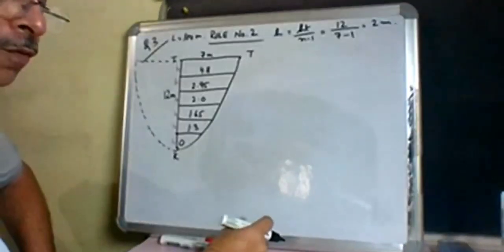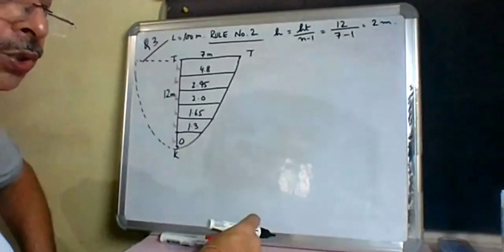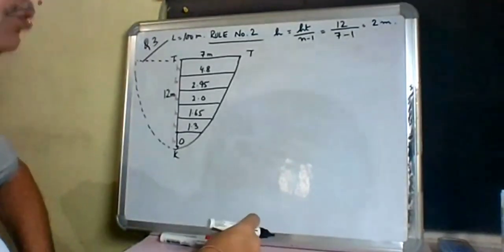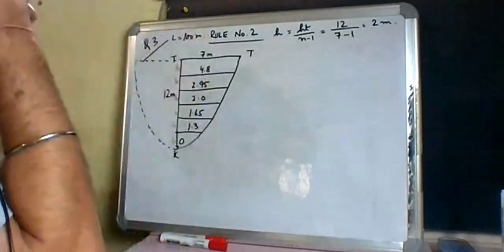You've got rule 1, which you can use, and you've got rule 2 also, because there are 7 ordinates given.